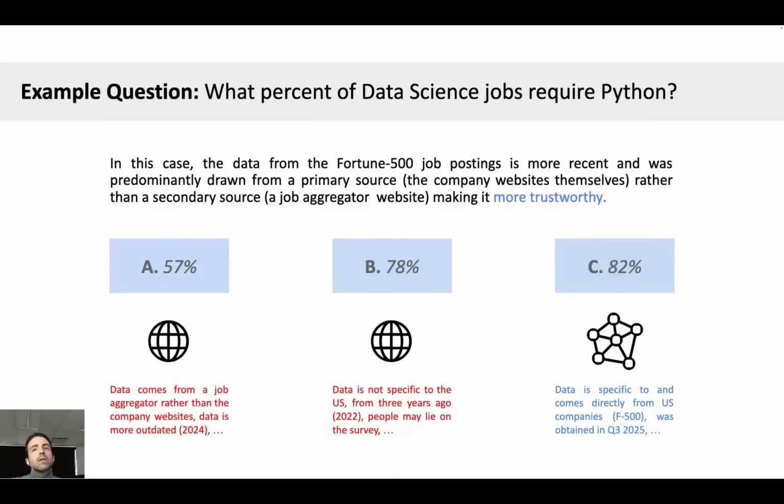Because knowing that this data comes from Fortune 500 companies from Q3 of 2025 makes it more trustworthy, perhaps by some scoring or measure. And we can use that to get LLMs that do better on the tasks by making them aware of this underlying detail. Or we can, at a minimum, score the performance of LLMs if this information is not available at the time of inference.